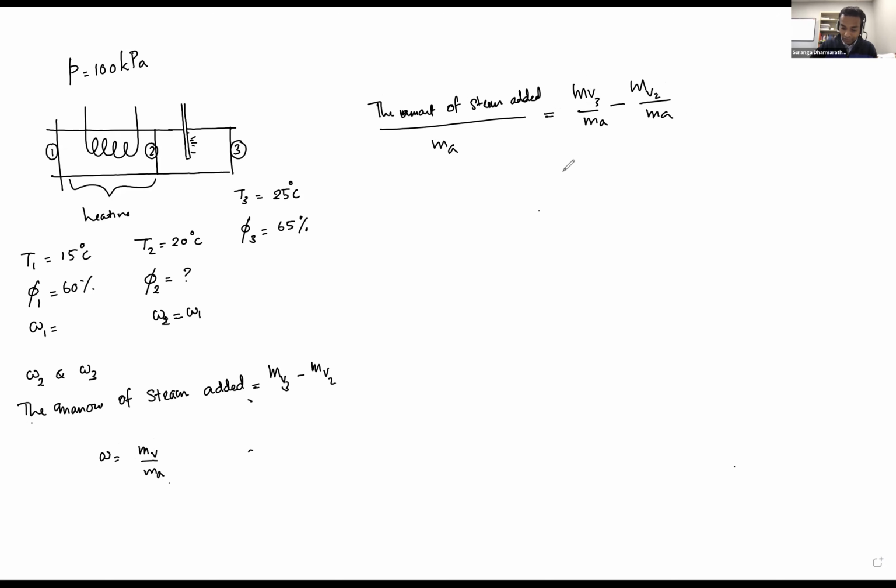So this is actually omega 3 minus omega 2, and that's what we need to find. To find omega 3 and omega 2, we can use equations or the psychrometric chart. In this case, I suggest you use the psychrometric chart.